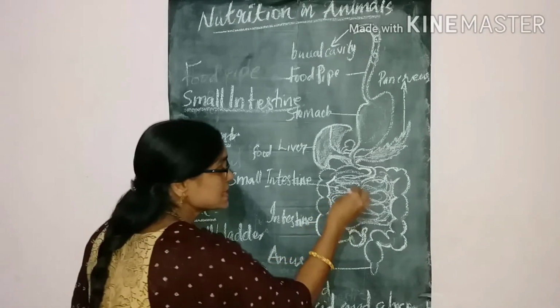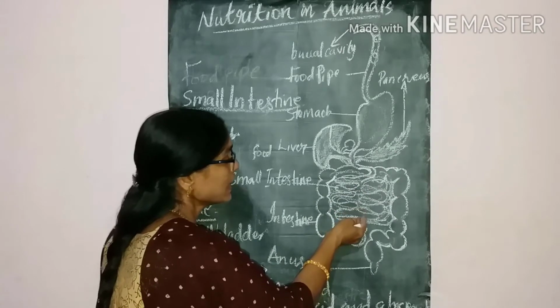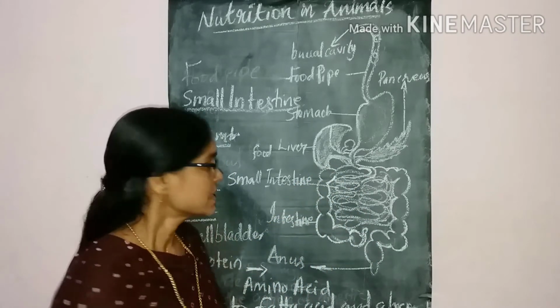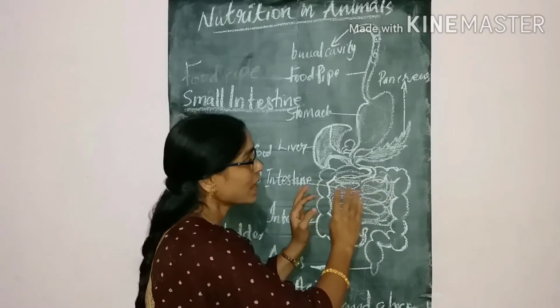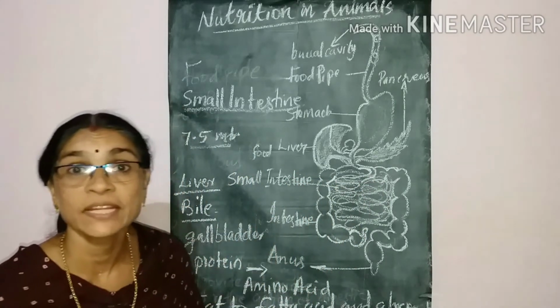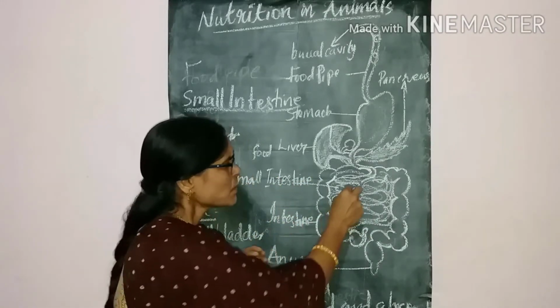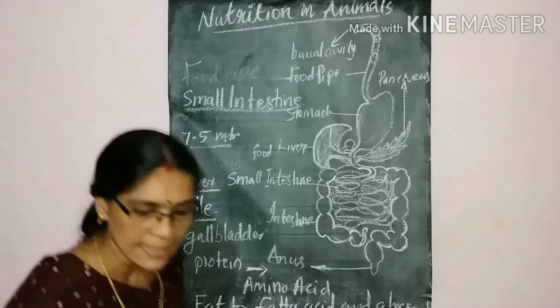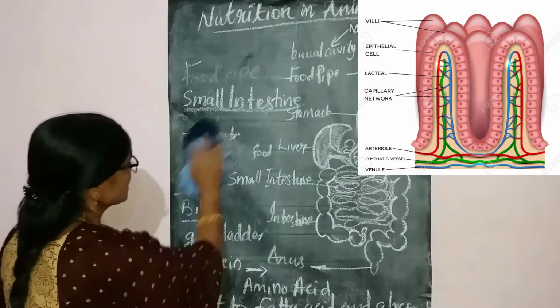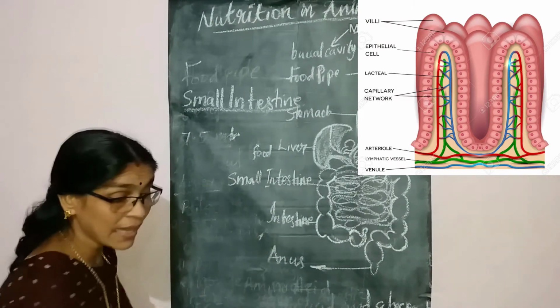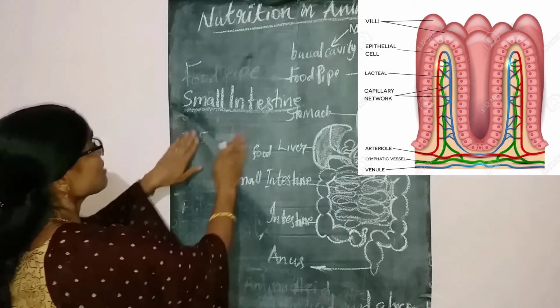The digested food materials then pass into the blood vessels present on the wall of the small intestine. While looking at the internal structure of the small intestine, we can see finger-like projections in the inner walls.